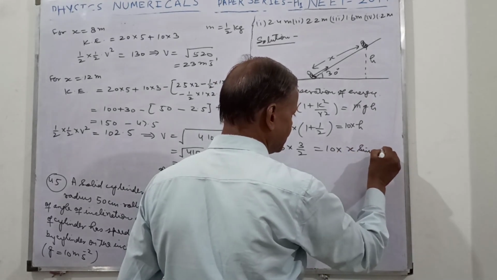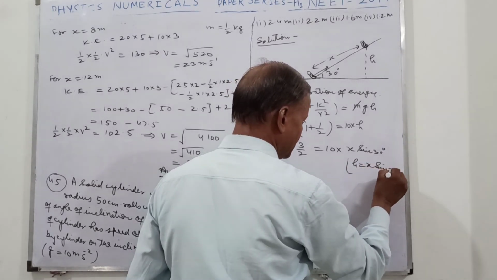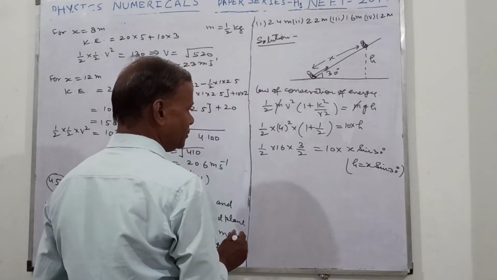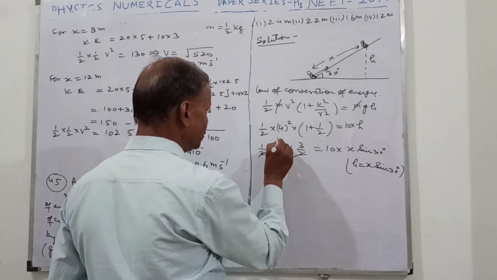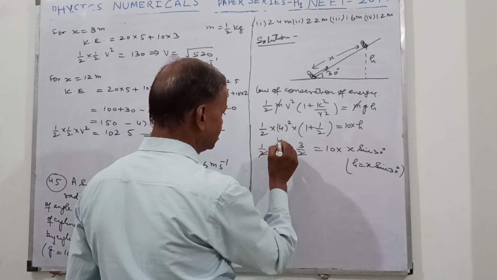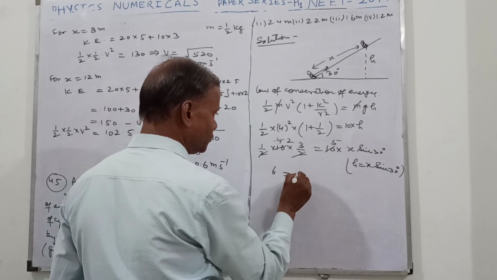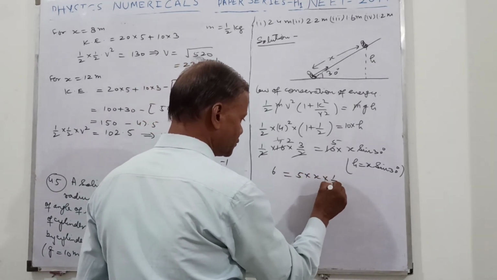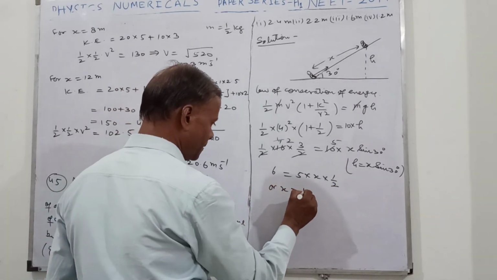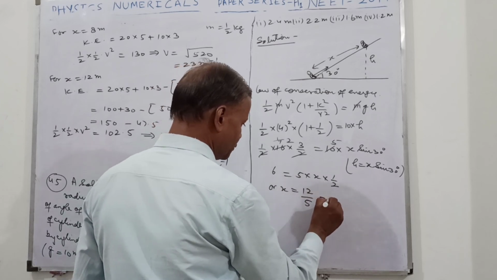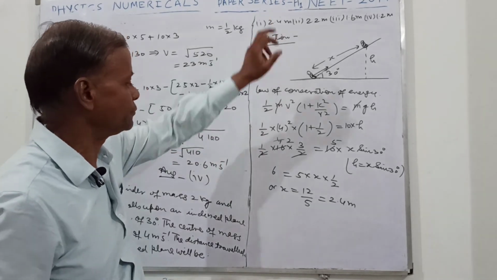Now you can have the value: 2 and 2 is 4, so this is your 4, and this 2, this is your 5. 2 3s are 6 equal to 5 into x into sin 30, 1 by 2. So this is 12 upon 5, so this is 2.4 meter. So our right choice is the first one.